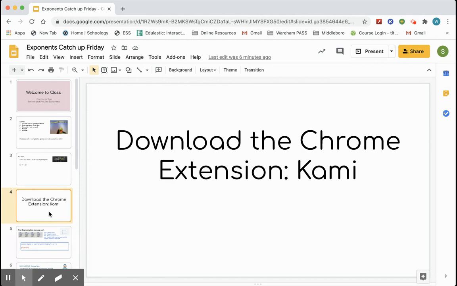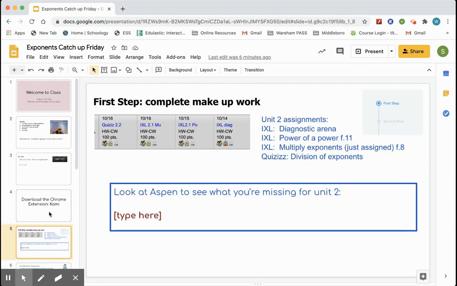Now we're going to look at our 3 steps that we need to complete today, and that is to make up any work that you owe for Unit 2 and submit that, then to review the laws of exponents, and to preview the last 2 laws of exponents that we'll be looking at formally on Monday.